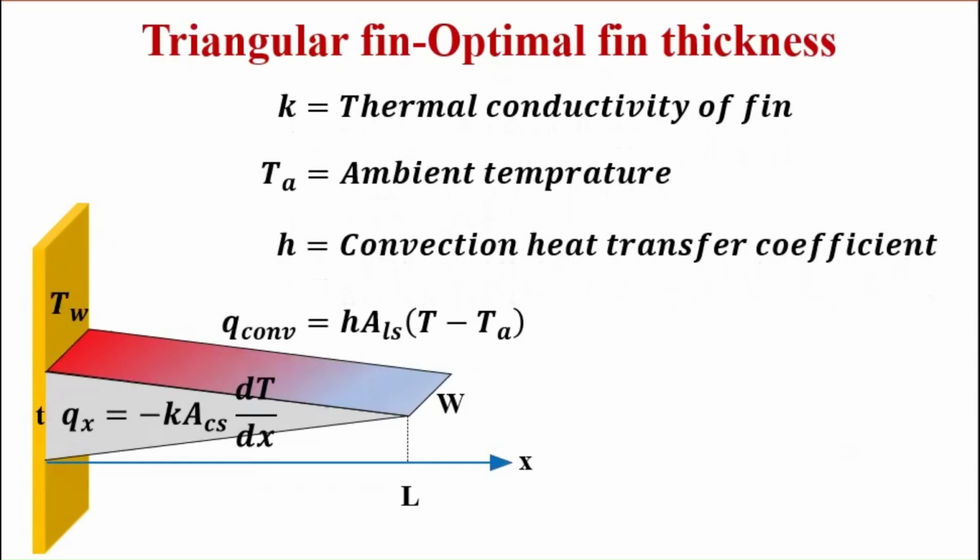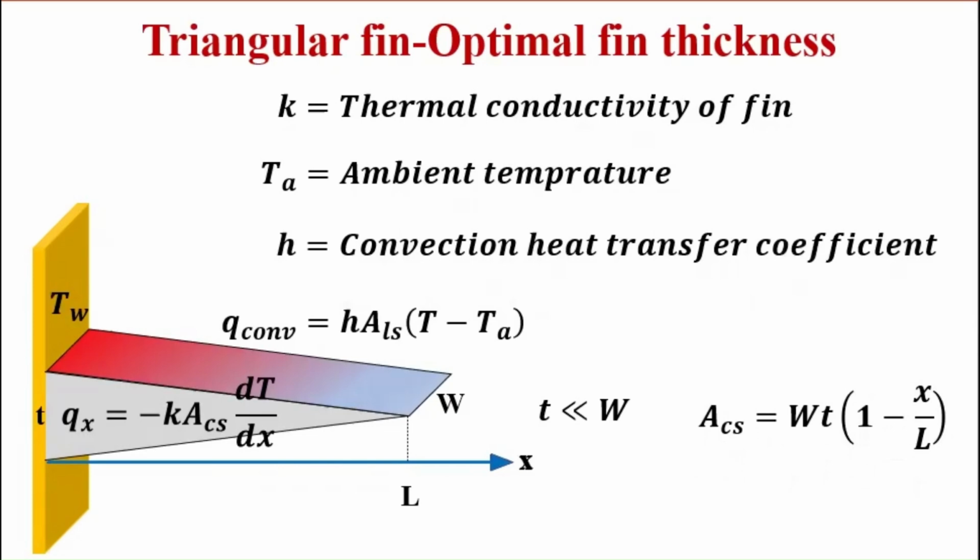Heat transfer by radiation is assumed to be negligible. It is further assumed that the fin thickness at the base is very small compared to its length and width, and that temperature variation occurs only in the longitudinal direction. The fin therefore has a cross-sectional area perpendicular to the direction of heat conduction that varies along the length of the fin.